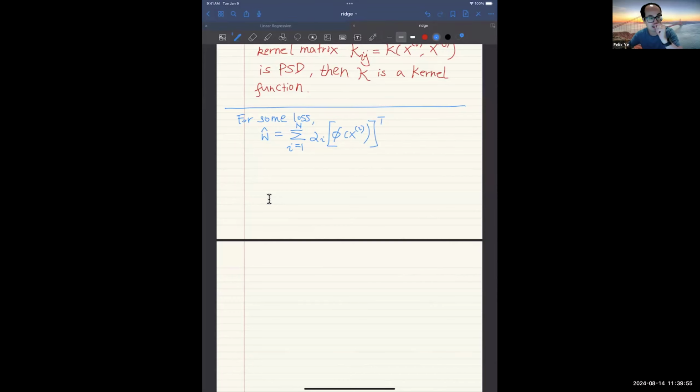So this is basically a linear predictor with phi as my features, for some alpha, where alpha is alpha_1 to alpha_n in R^n. This is to be learned. Here we assume this linear predictor form.